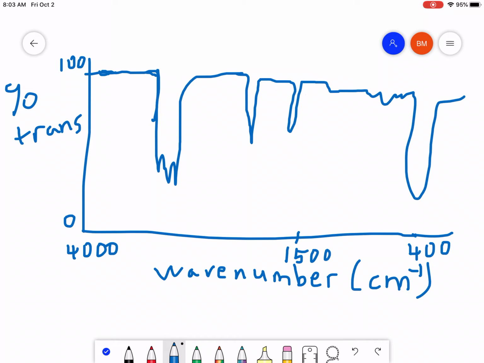So we're going to draw an imaginary line right over there. Anything that's 1,500 or greater is referred to as the functional group region. Greater than 1,500 is the functional group region.